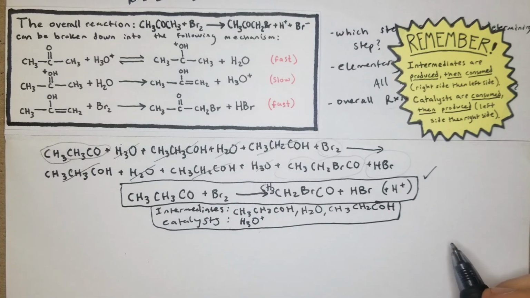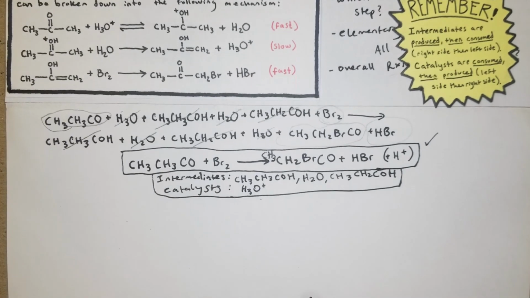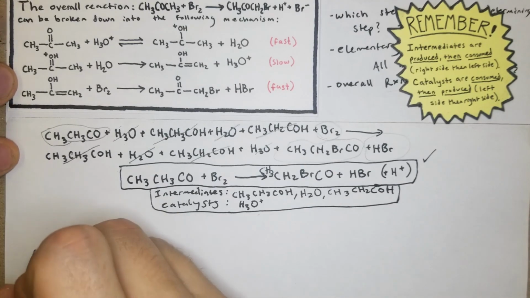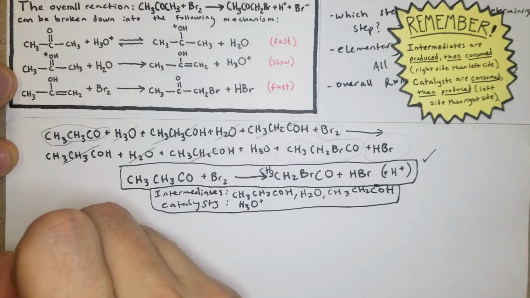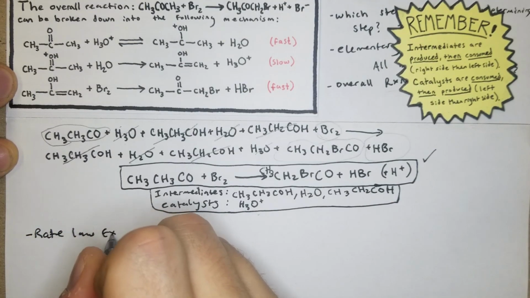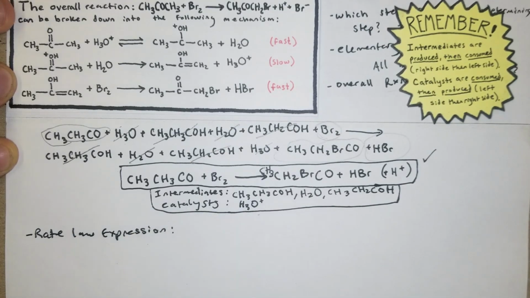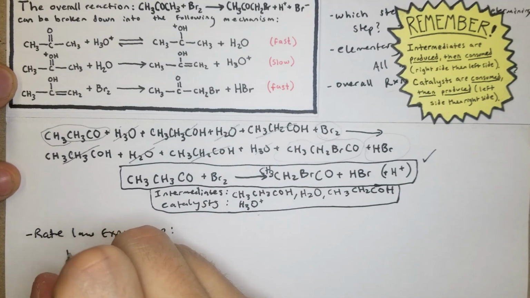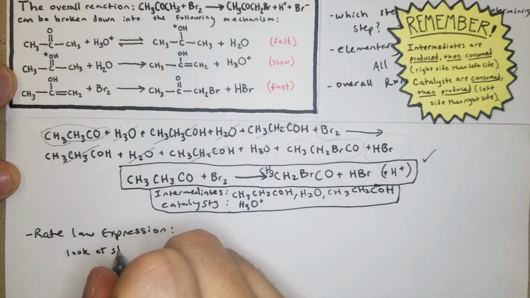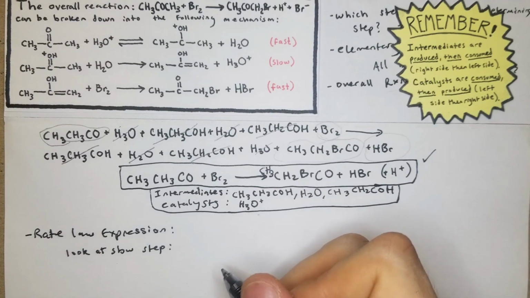Now the next thing we're going to do is look at what we can find for the rate law expression. Like I said in the previous problem, we start by looking at the slow step and work from there. What do we have for our slow step?